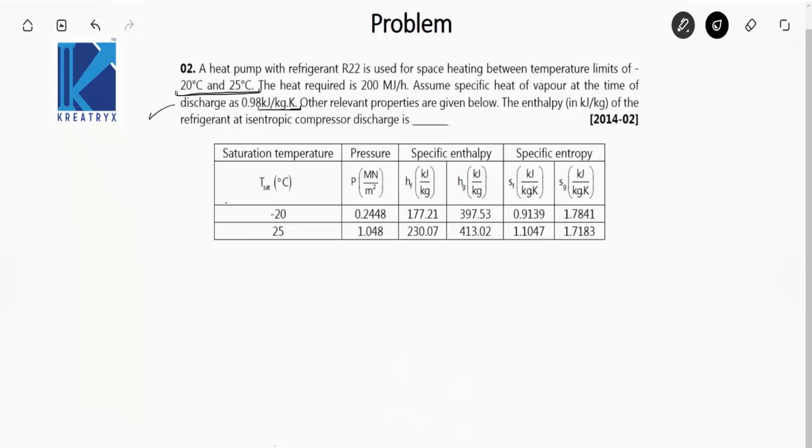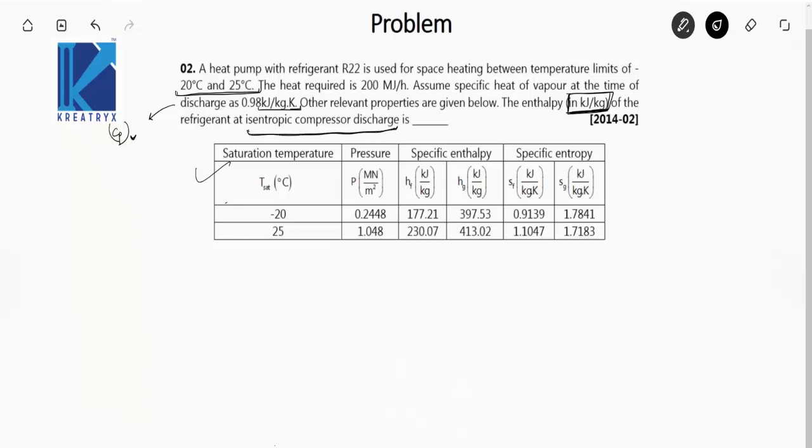This is the specific heat of vapor, CPV. Other relevant properties are given in the table. The enthalpy in kilojoule per kilogram, beware of the units, of the refrigerant at isentropic compressor discharge is?